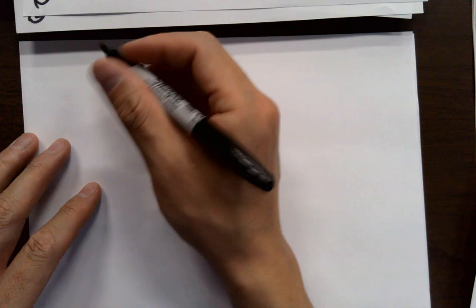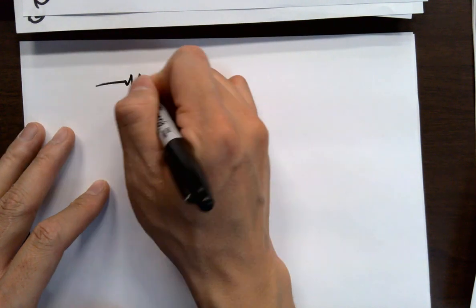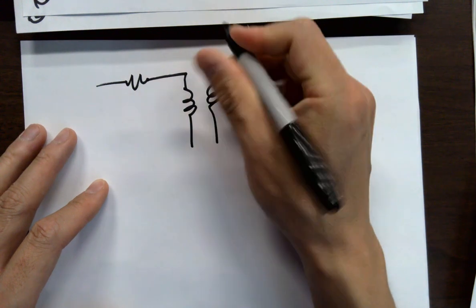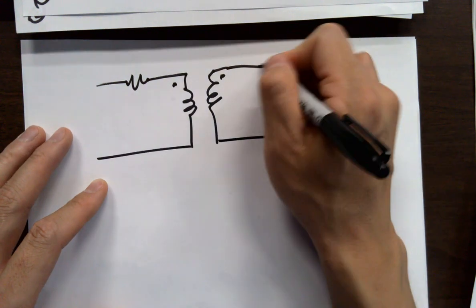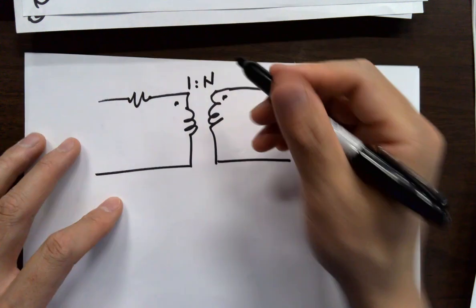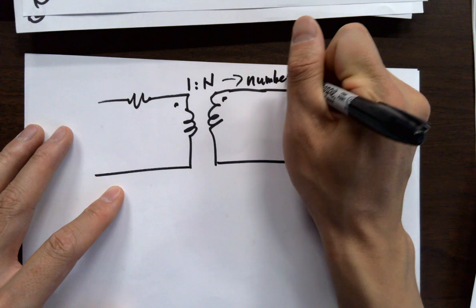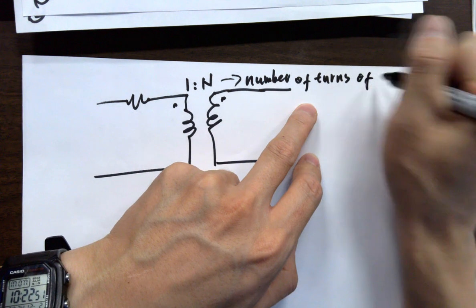For transformers, you need to know a conclusion, which involves the number of turns of the winding of the coil. For example, 1 versus n. These numbers are the number of turns of the winding.